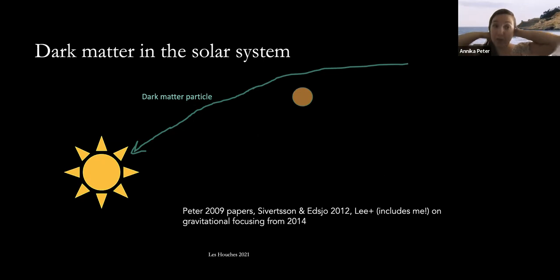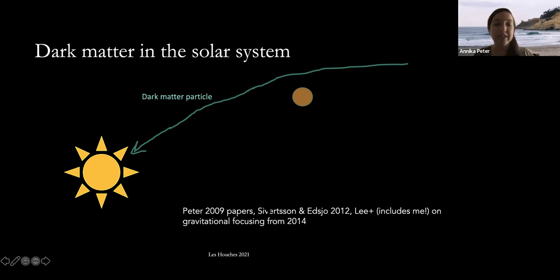Okay, and so if you want to understand the annihilation of dark matter in the sun, or the detailed velocity distribution of dark matter at the Earth for direct detection experiments, you have to include these effects of dark matter capture to the solar system, or the gravitational focusing of dark matter in the solar system.